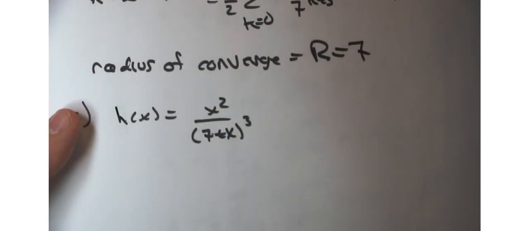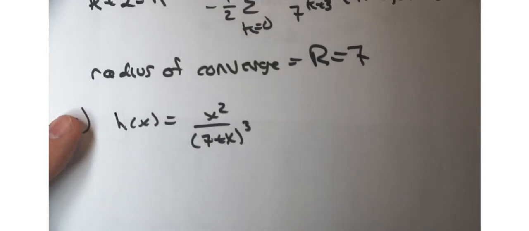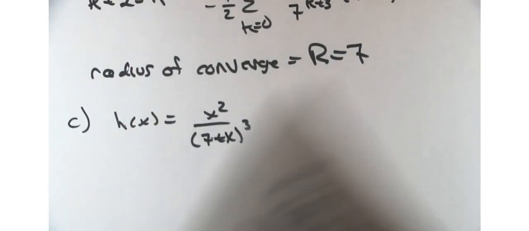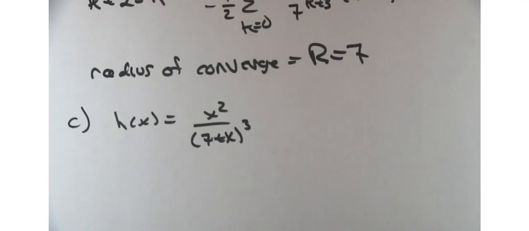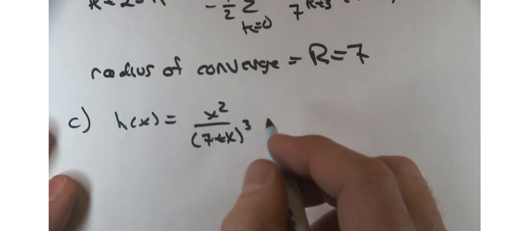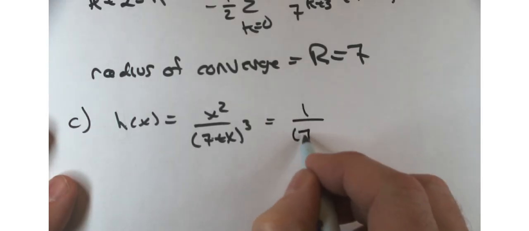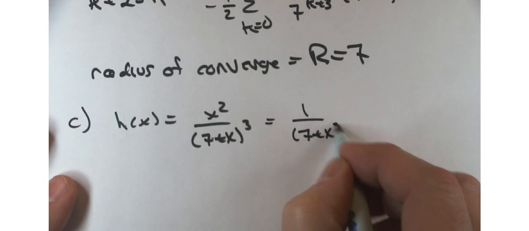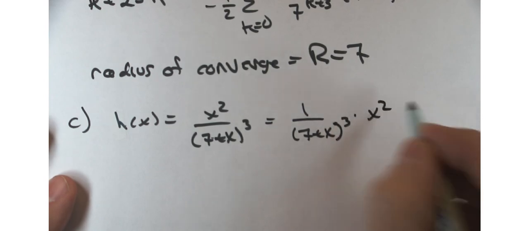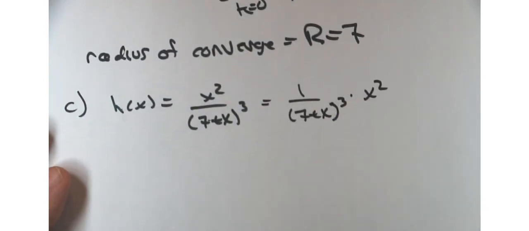If you want a series for this function, do I have to start from scratch? You think I have to start from scratch on this one? Why don't we take note of the fact that this is really 1 over 7 plus x cubed times x squared, or I could write the x squared out in front either way.